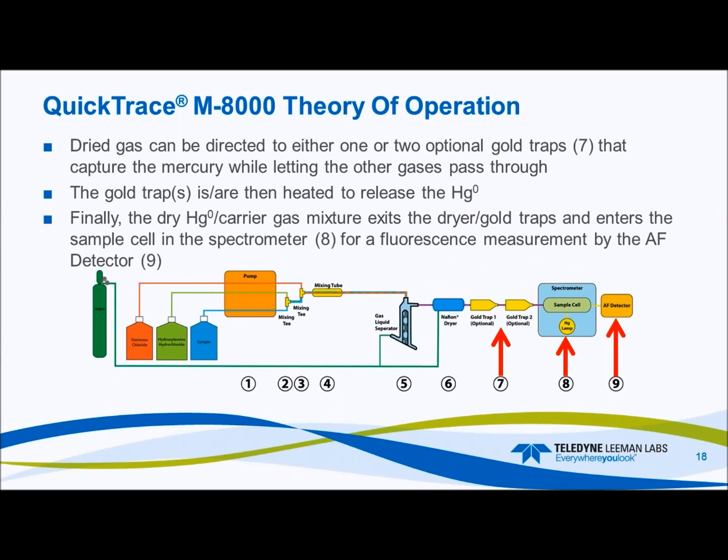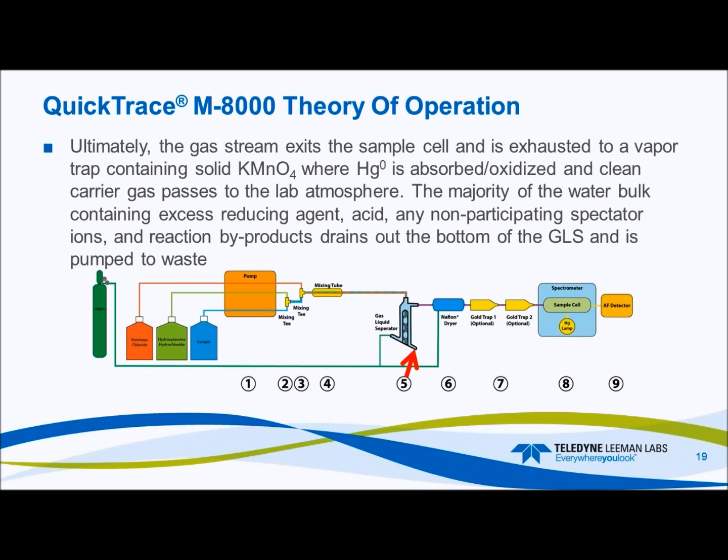Then once it hits the Nafion dryer, the dried vapor, which is mercury and argon gas, goes off to the gold trap where it's collected, and any byproducts are sent through the gold trap and go off to waste, and then it's measured by the atomic fluorescence detector.